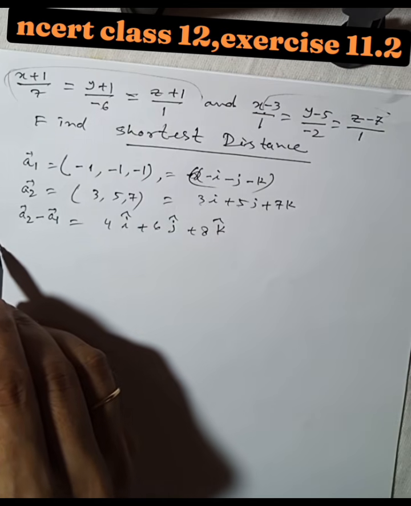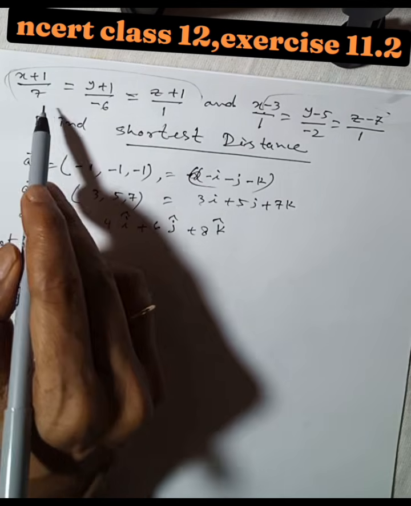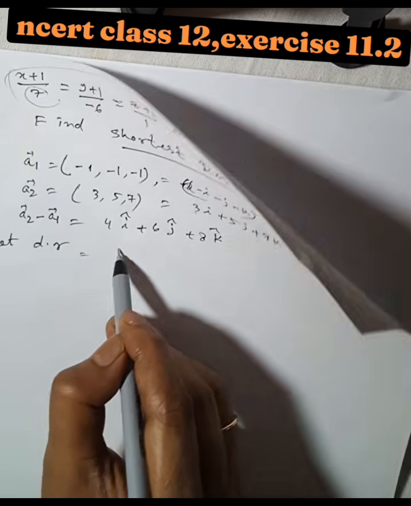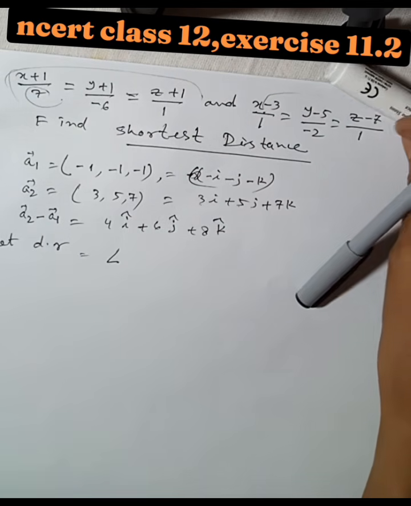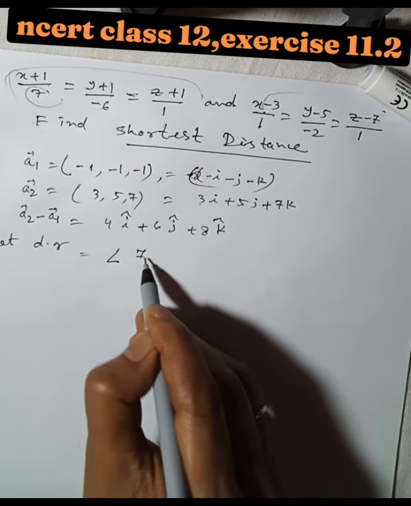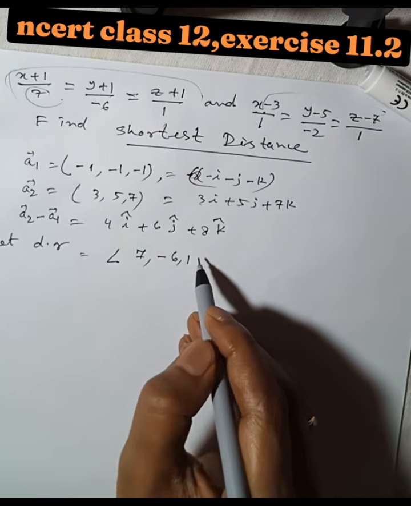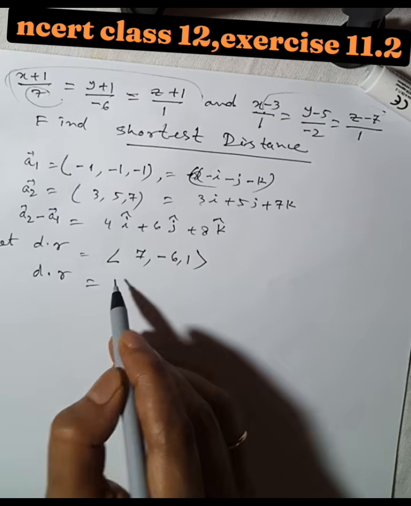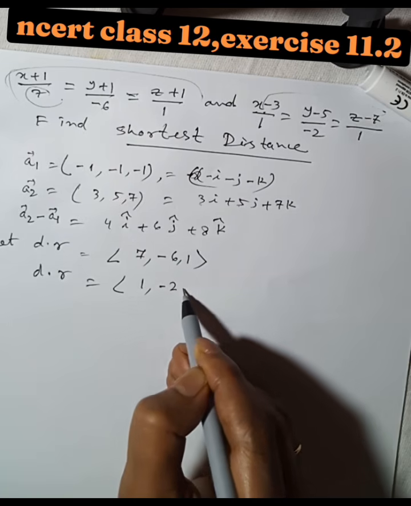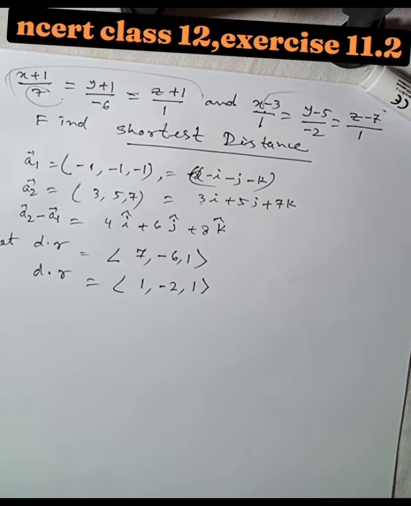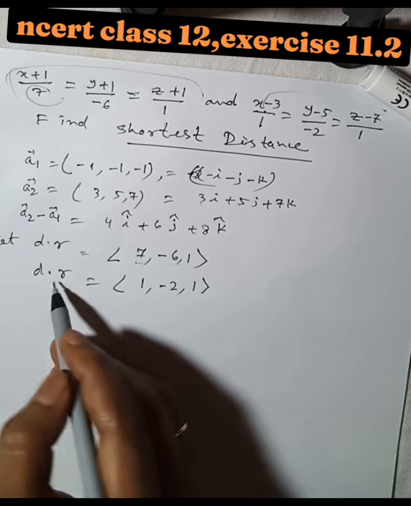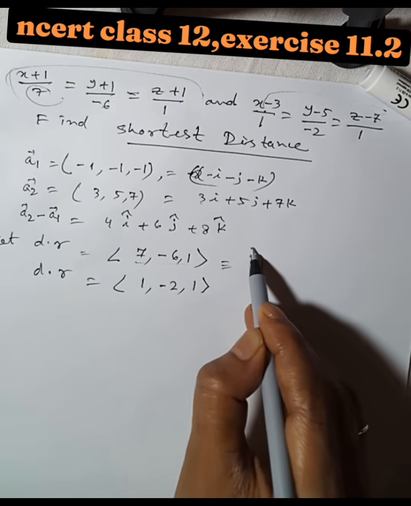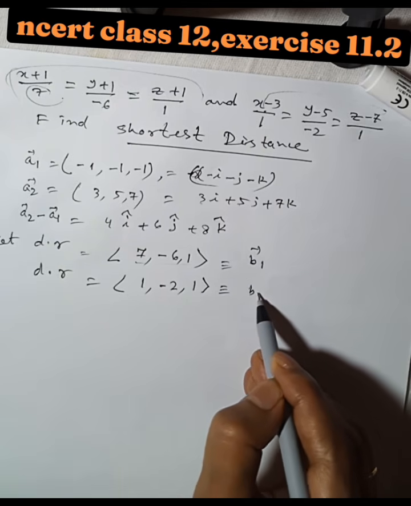The direction ratios of the first equation are 7, -6, 1, and the direction ratios of the second equation are 1, -2, 1. Let these be vectors b1 and b2.